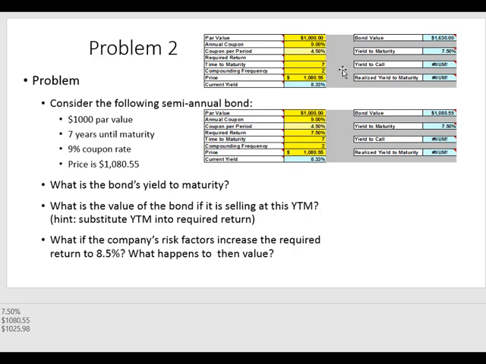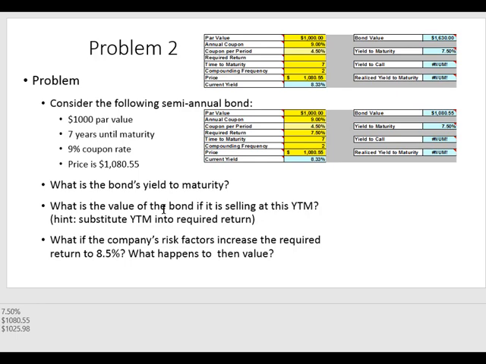Time to maturity is also adjusted, based on periods. So it's 7 years, 2 periods per year, so in the formula the number used is 14. The yield to maturity on this bond is 7.5%.